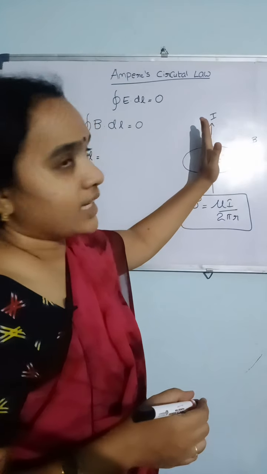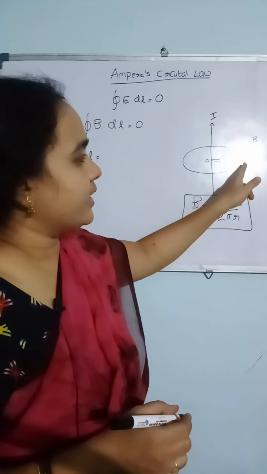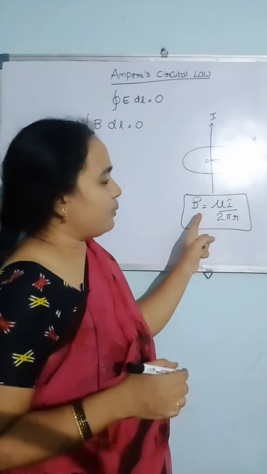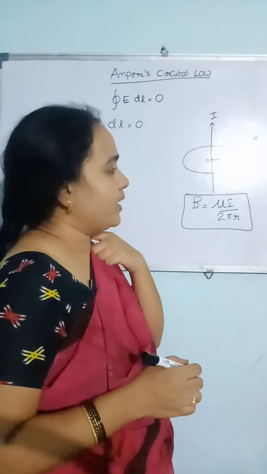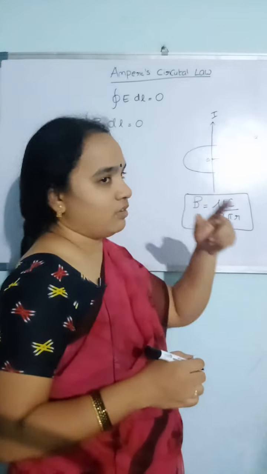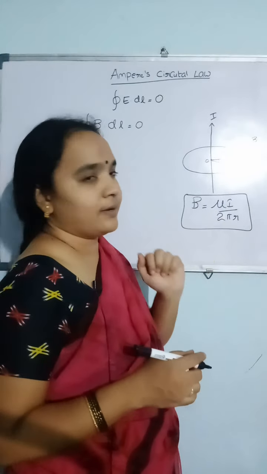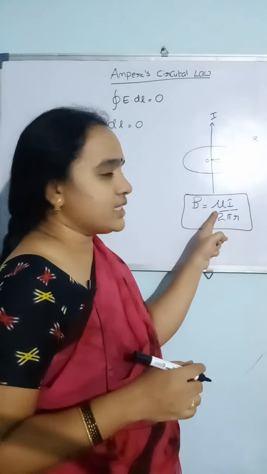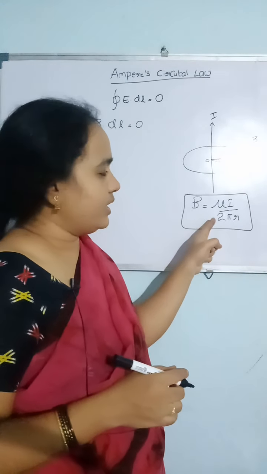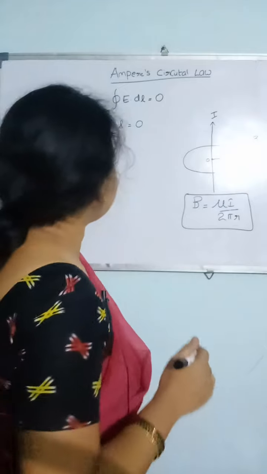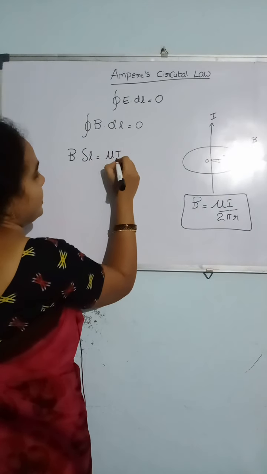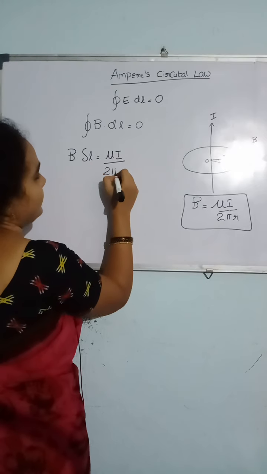The field at any point is mu I by 2 pi r, where r is the radius of the loop, I is the current carried by the conductor, mu is the permeability, and pi is a constant. So B is mu I by 2 pi r.